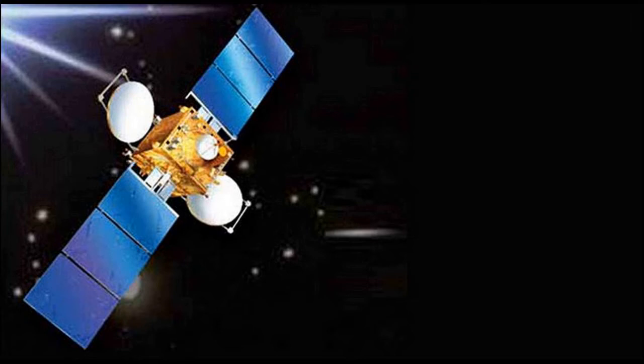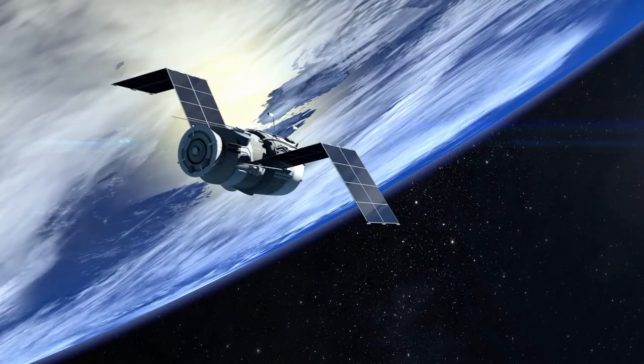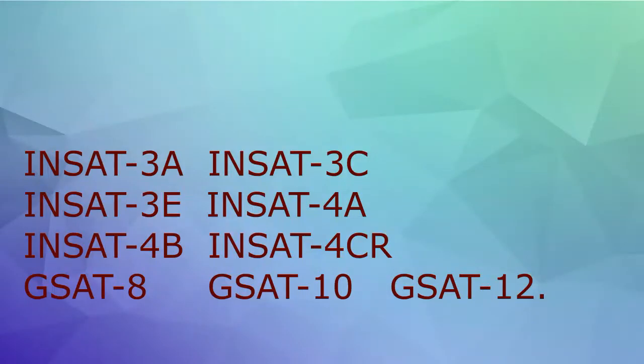It is a joint venture of the Department of Space, Department of Telecommunications, India Meteorological Department, All India Radio, and Doordarshan. Currently operational communication satellites are INSAT 3A, INSAT 3C, INSAT 3E, INSAT 4A, INSAT 4B, INSAT 4CR, GSAT 8, GSAT 10, and GSAT 12.